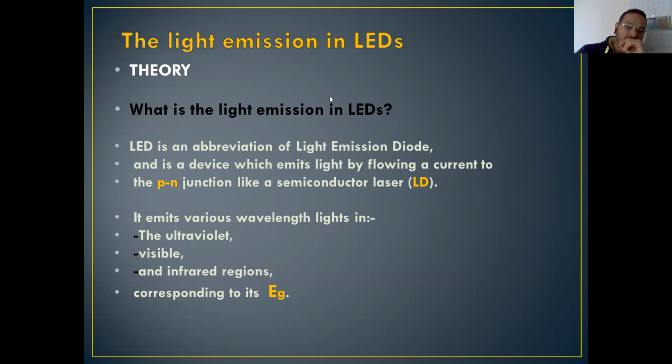It emits various wavelengths of light in the ultraviolet, visible, and infrared regions. That means we can generate light using this semiconductor diode over a wide spectrum, both less than the visible region and more than the visible region, less than 400 nanometer and more than 700 nanometer.